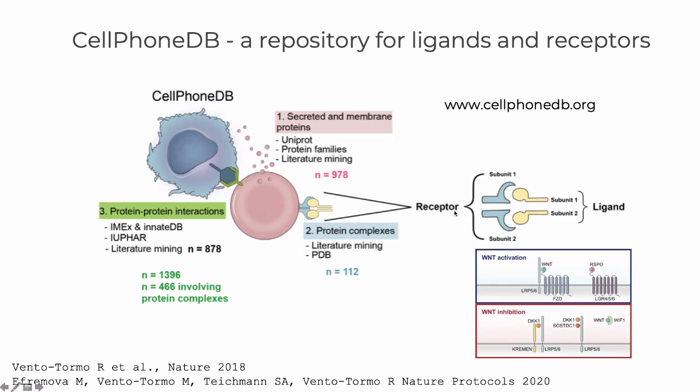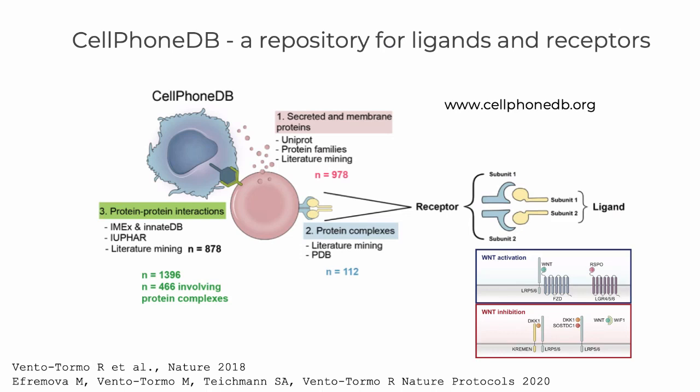We know that the majority of receptors and ligands have multiple subunits, and you need multiple of them to be co-expressed for the receptor to be functional. This is particularly important for development and the immune system that we are interested in, and that is what is stored and considered in our data.